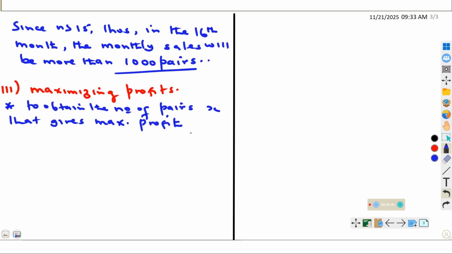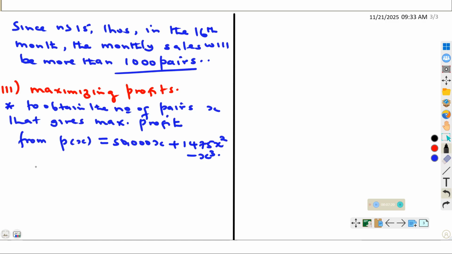And if you are interested in that, then it means we need to first of all differentiate our profit function. So from P of x, our profit function, which was given as, let us copy that, 50,000 x plus 1475 x squared minus x to power 3. This is the profit function.